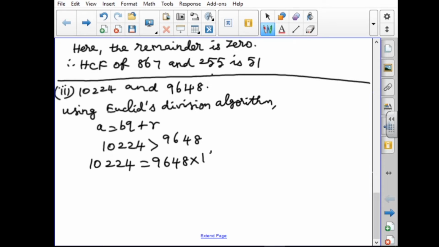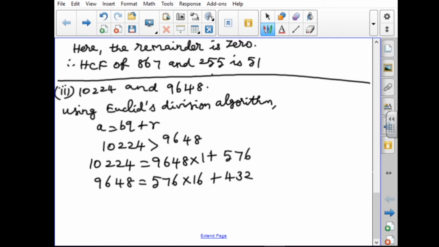One time, the remainder will be 576. Again you have to bring the divisor to the dividend. So we are getting 9648 here and the remainder will be 576. We have to divide, it is coming 16 times. The balance will be 432. The students have to do it in your rough column.